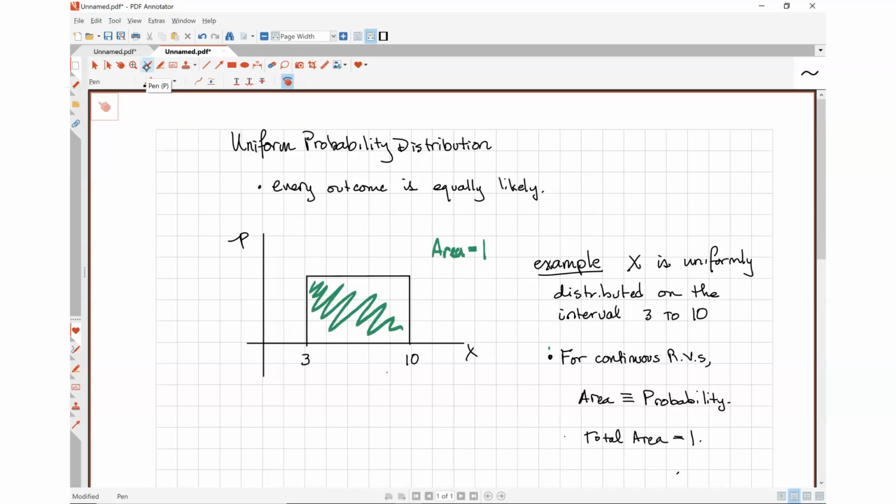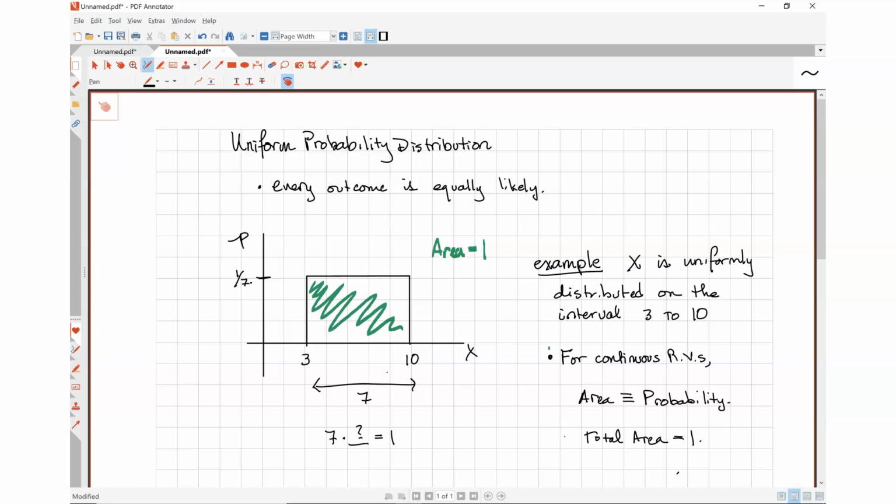Now the fact that the area is 1, and we know the base of this rectangle is a distance of 7 from 3 to 10, means that we can figure out the height of this rectangle. So 7 times what is equal to 1? Well, 1/7. So the height of this rectangle is 1/7.